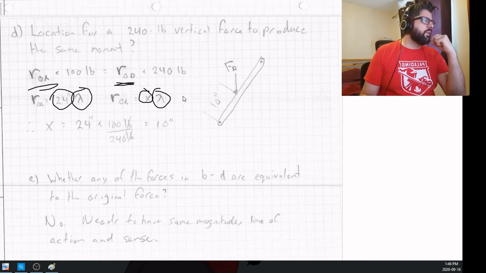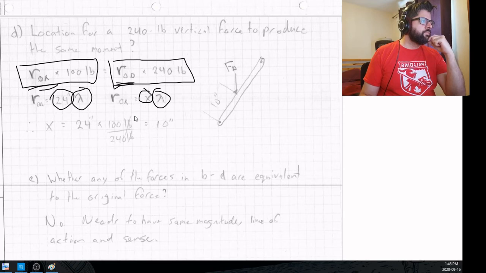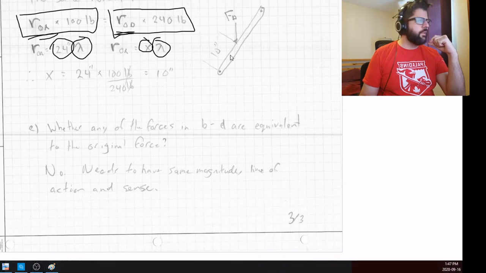So essentially, if we want these two things to be the same, then the magnitude of the displacement vector is the only thing that changes.